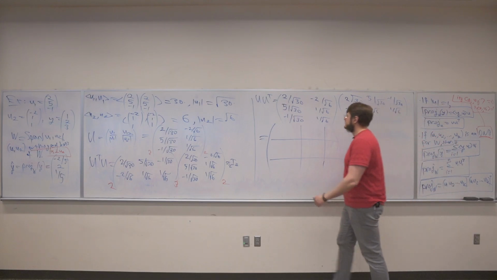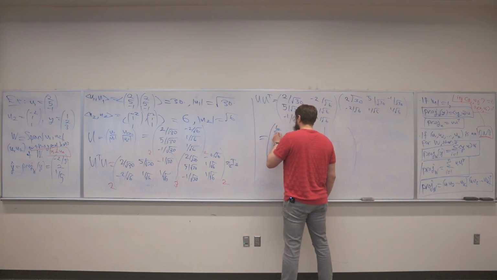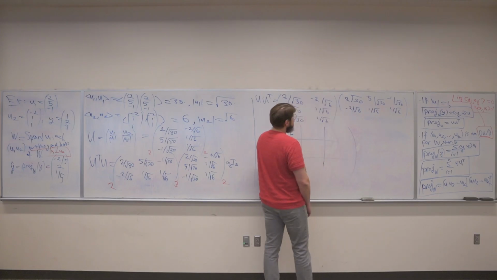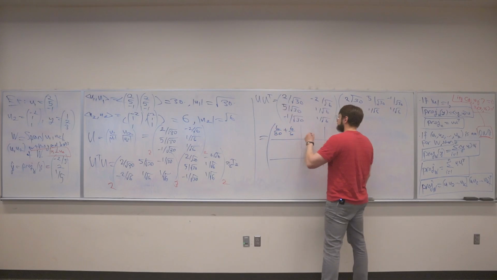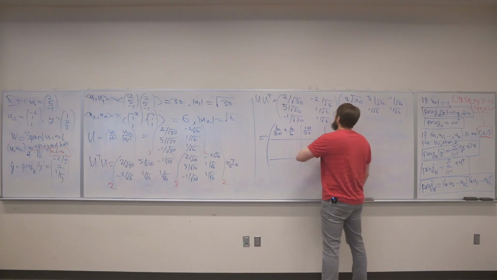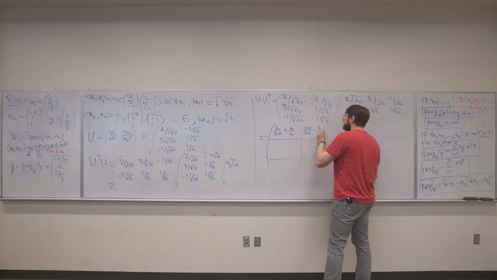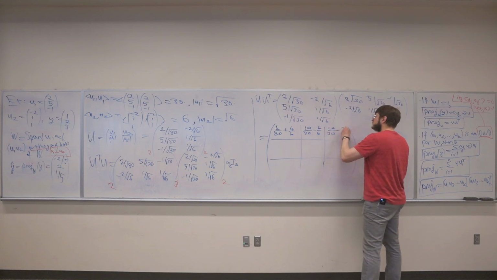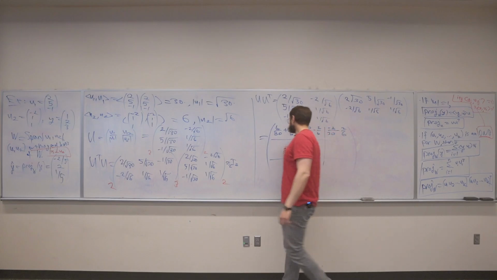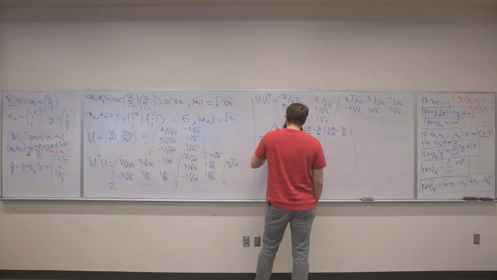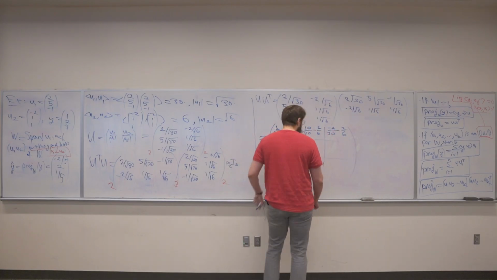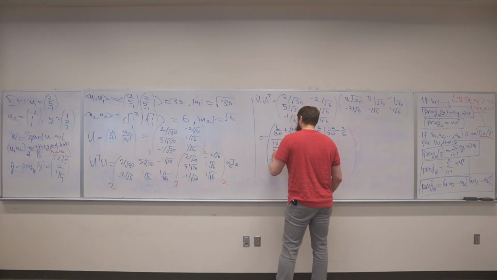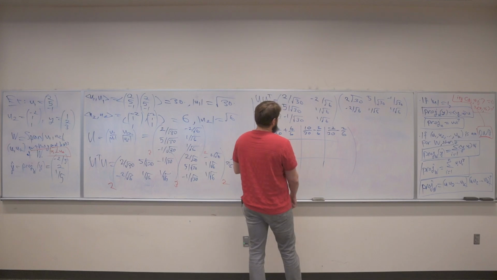4 over 30, then plus 4 over 6, then 10 over 30 minus 2 over 6, then minus 2 over 30 minus 2 over 6, 10 over 30, what is it?